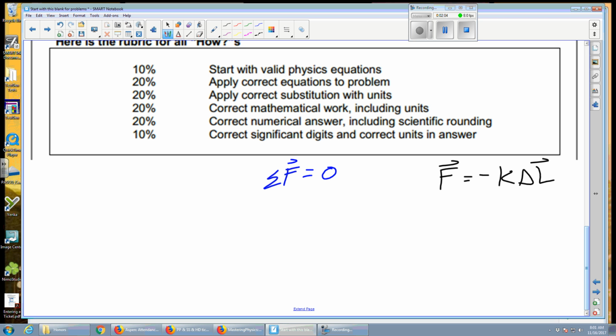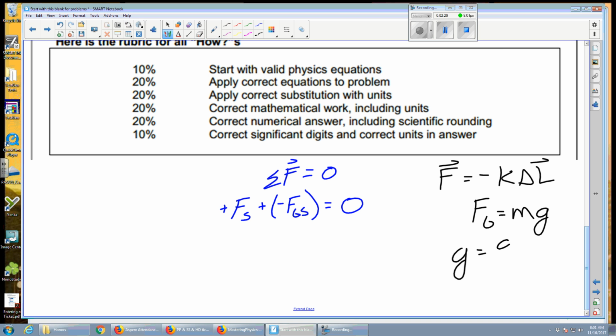And I have two forces. One upwards, force of spring, so I'll put that in as positive. And then one downwards, which is negative, F_GS. That equals 0. I should probably grab this for my equation sheet also. And I can even grab this. Everything in black is just copied from the equation sheet.